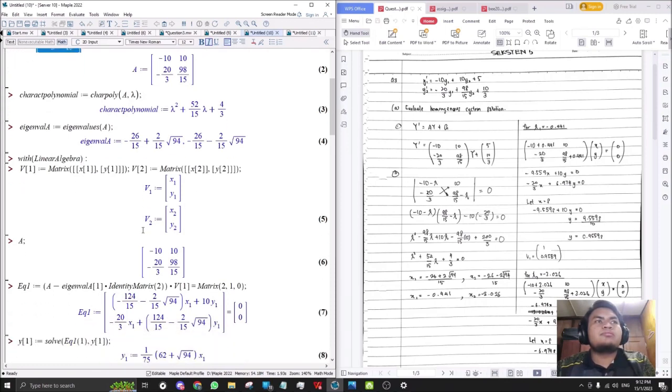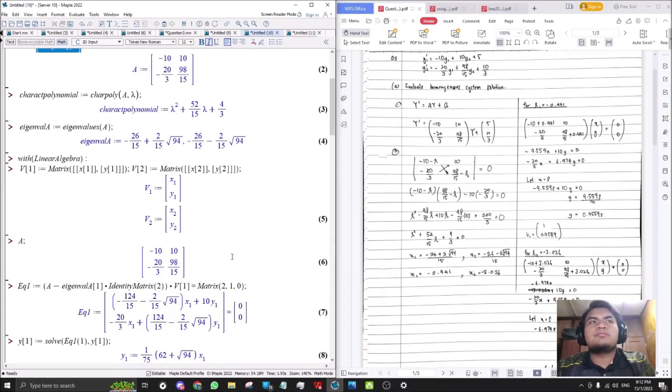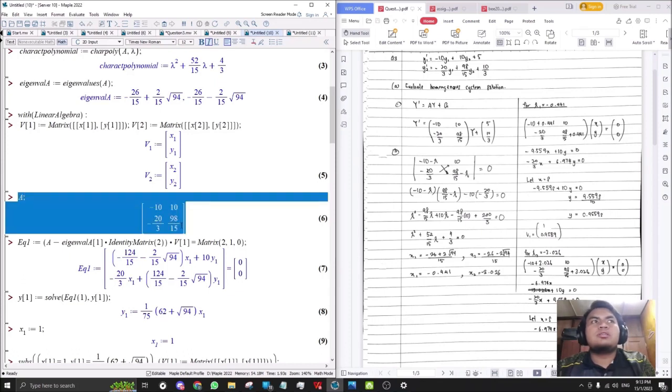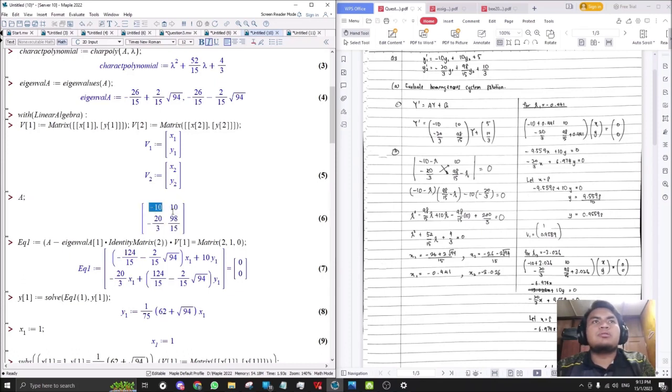So from here you can see A, which is negative 10, 10, 20, negative 20 over 3, 98 over 15. It's the same as here.